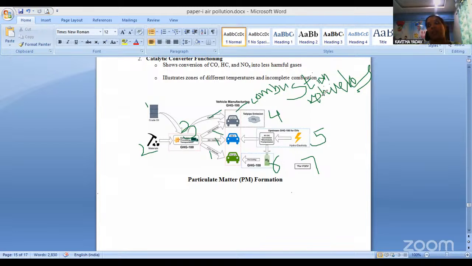After 120 kilometers, we again charge the vehicle. In e-vehicles, the production of greenhouse gases is very low, there is no combustion and no incomplete reactions.